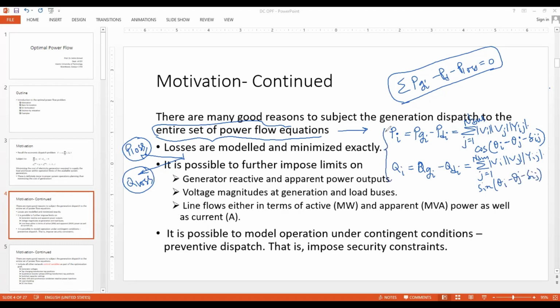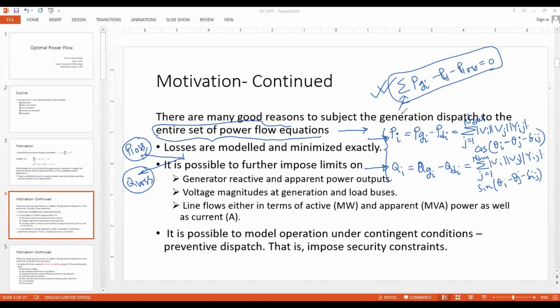So this is the general power injection expression that we have already studied in earlier courses of power system. So instead of considering this kind of equality constraint or this kind of power generation, demand and loss balance equation, we have an option to go for the full power flow equation or the more conventional power flow expression at a certain bus.